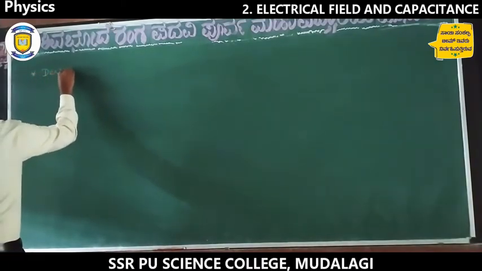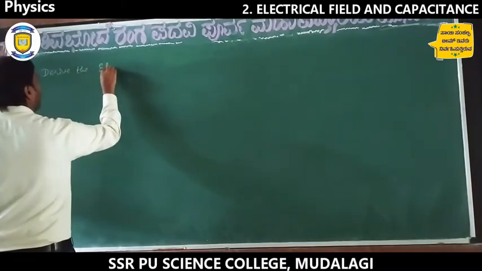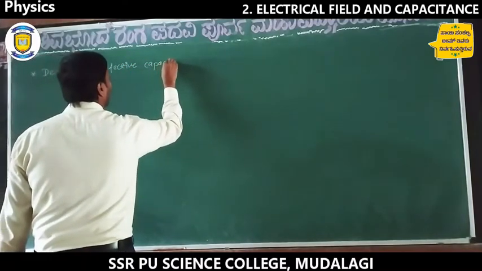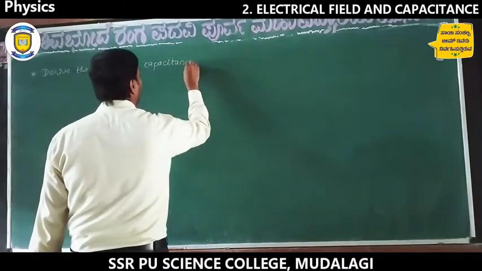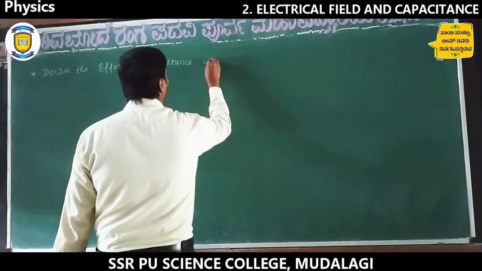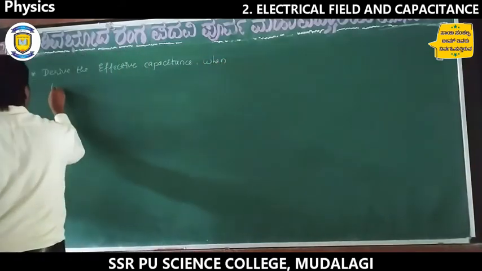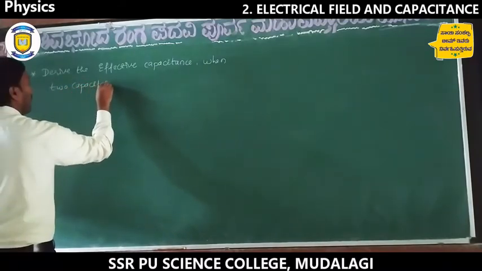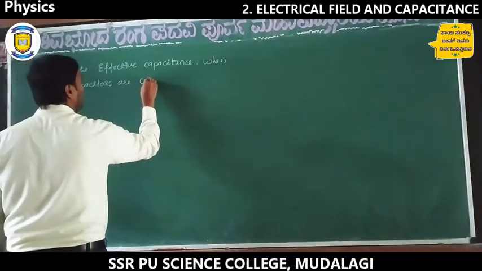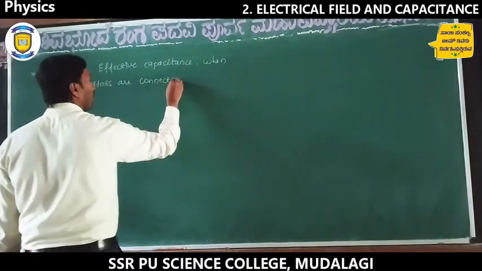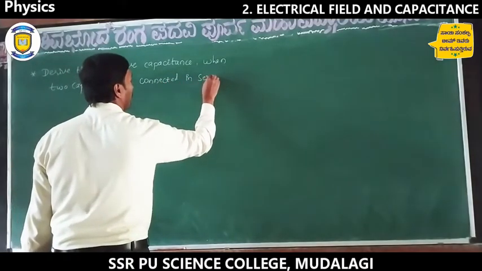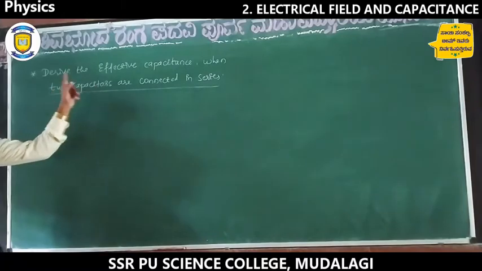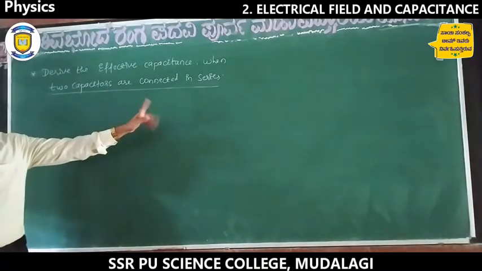Derive the effective capacitance when two capacitors are connected in series, correct?